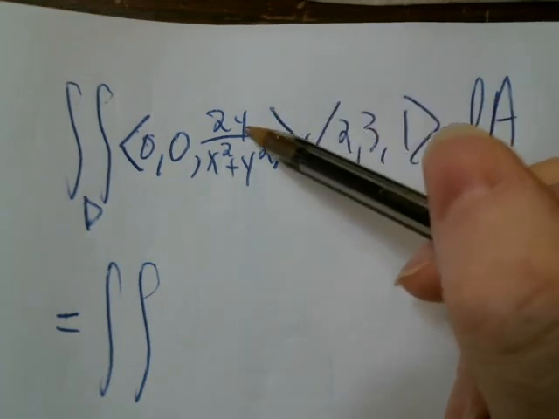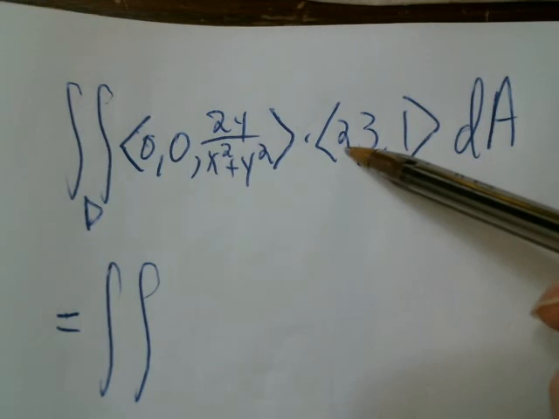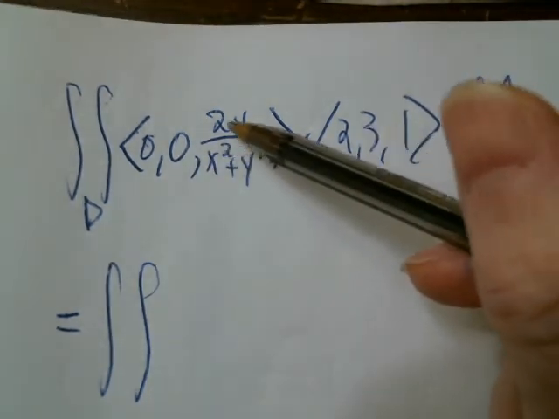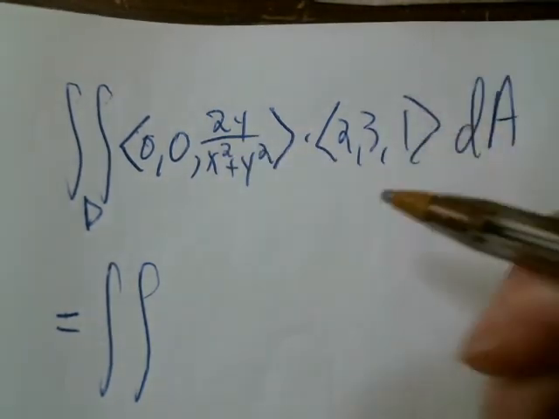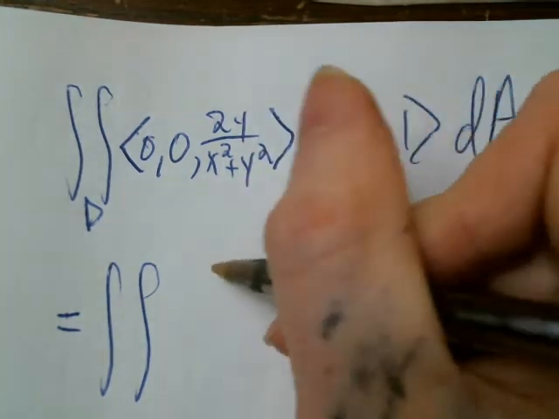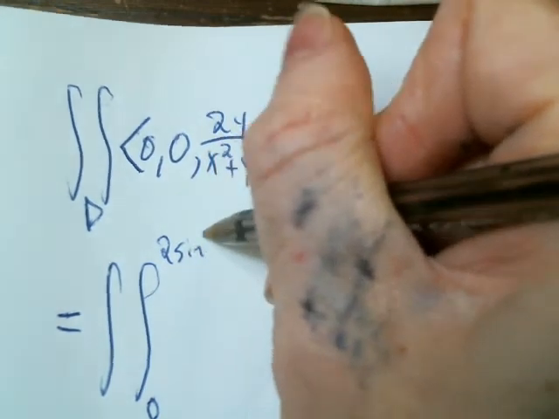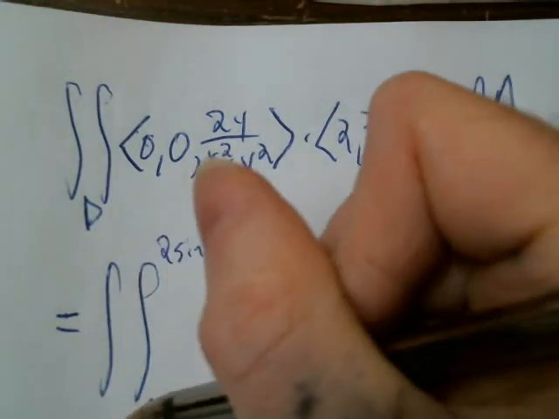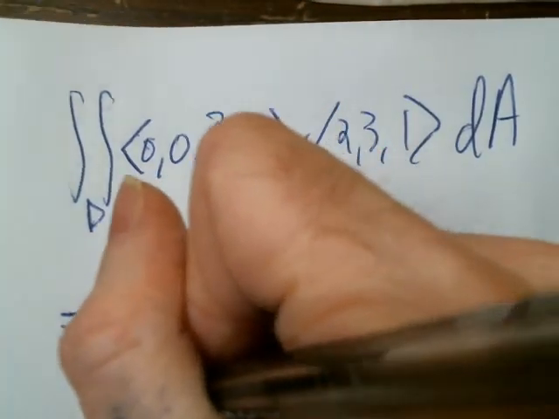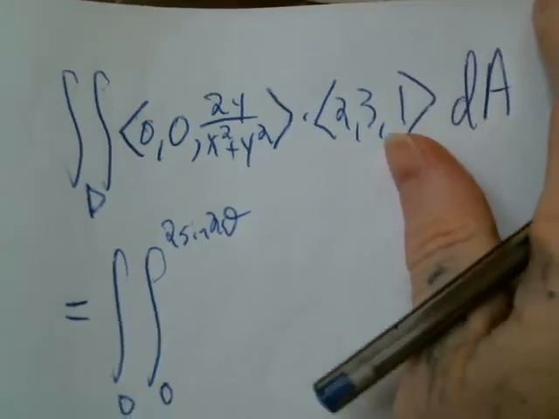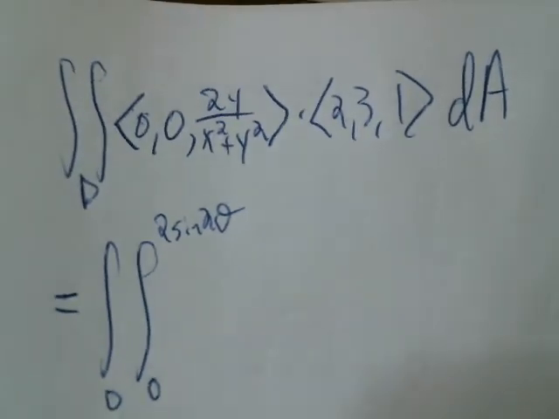The dot product is going to be just 0 plus 0 plus 2y over x squared plus y squared, which I can rewrite. One thing at a time. I'm going to go from 0 to 2 sine 2 theta. And on the outer integral, I'm going from 0 to however far I had to go in order to get that petal.